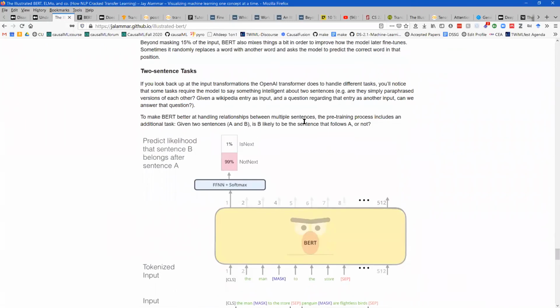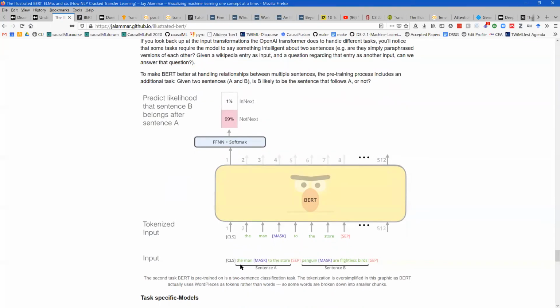And then the second task is a two-sentence task where you give it pairs of sentences, and 50% of the time, the second sentence is the follow-on sentence to the first, and the other 50% of the time, the second sentence is just some random sentence chosen from the corpus. And then you have to predict the likelihood that sentence B belongs after sentence A. So again, it's just a two-way classifier, next and not next.